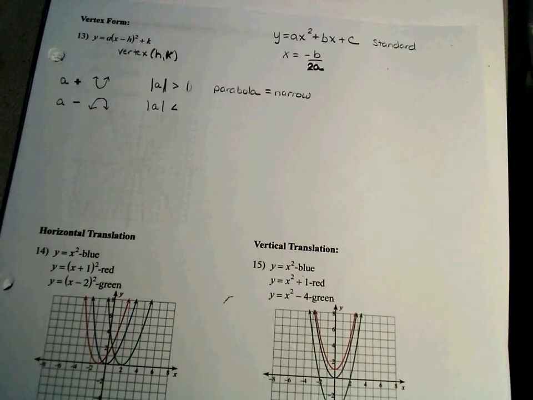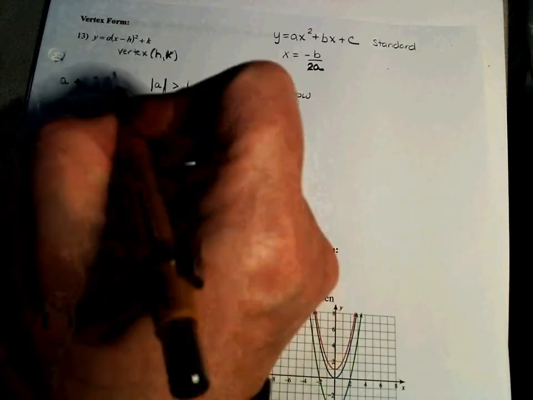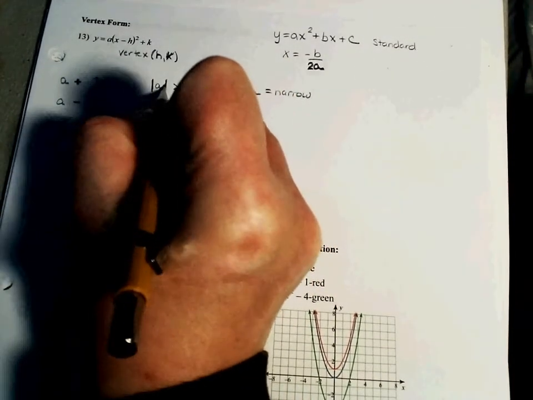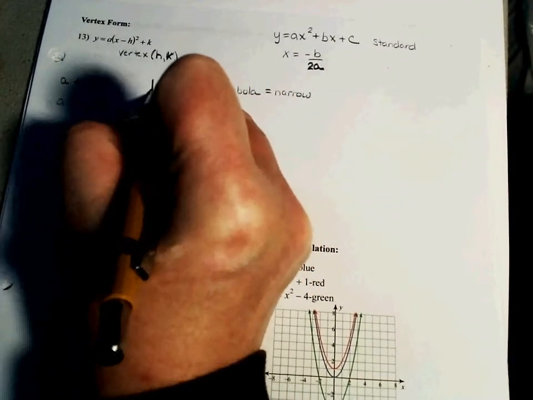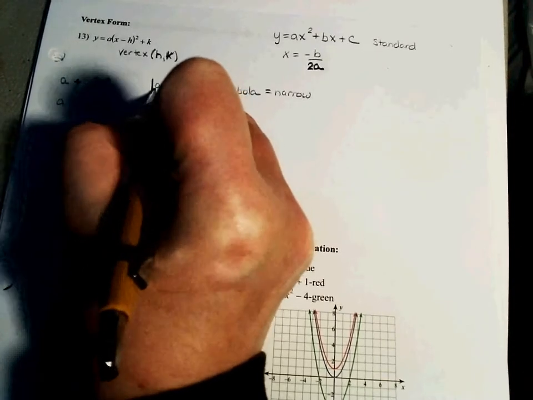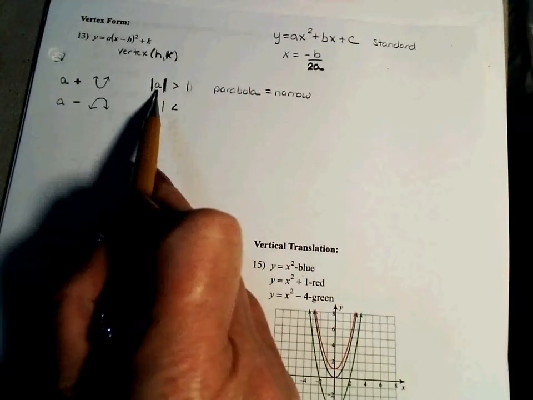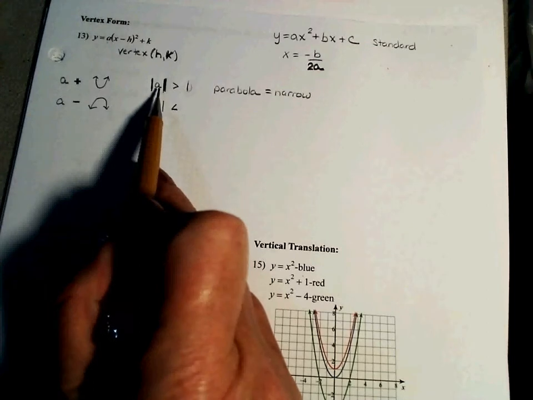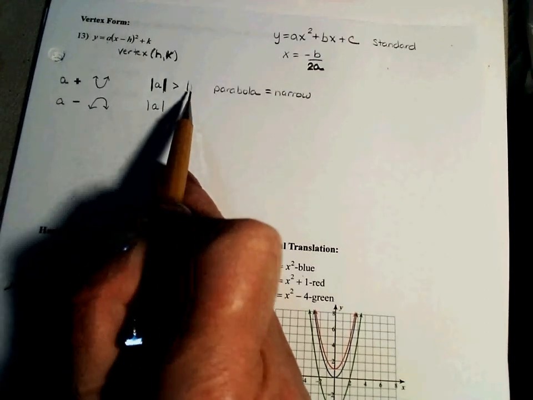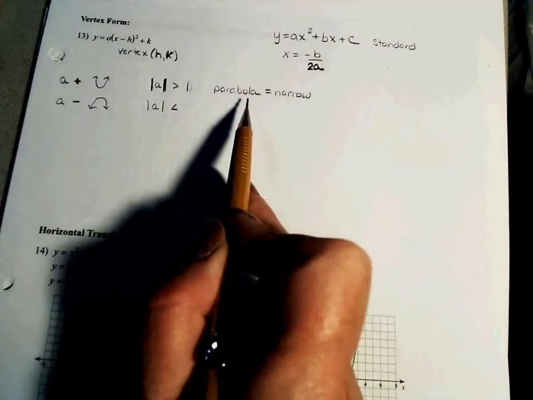Now the size of a tells me something about the size of the parabola. I'm putting absolute values around the a to say, just look at the size of it. If the size of a, be it positive or negative, is greater than 1, your parabola gets narrow.